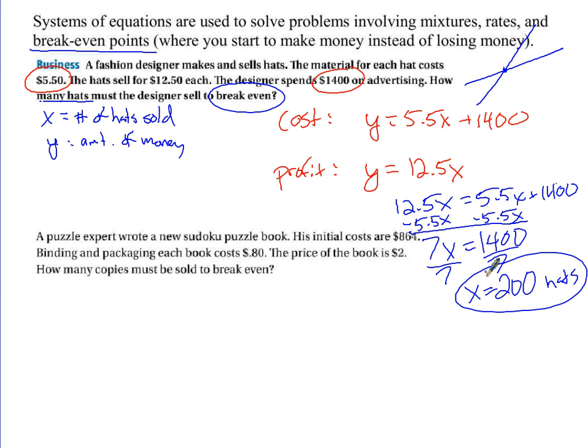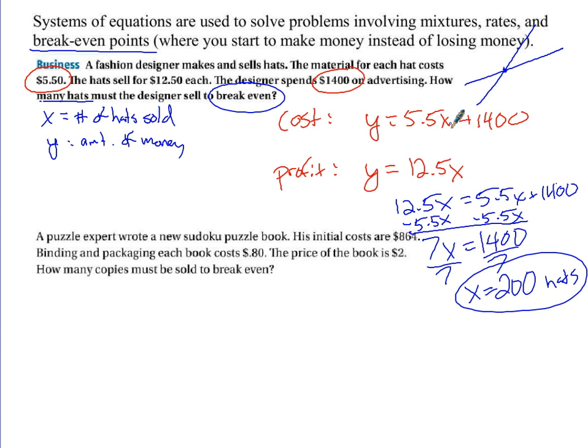It's interesting because the graphs of these two lines would not cross at 0, because if I take 200 and plug it into either one of these equations, I don't get 0. But I've made as much as I've spent at that point, which means in total I have made nothing. But from that point on, I start making money.